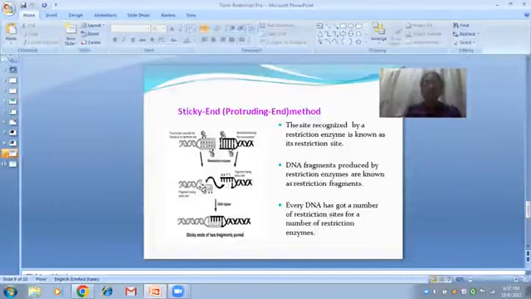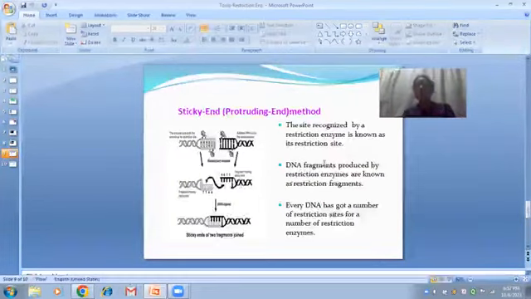Means in the first fragment, the second strand is elongated, a sticky end, and in the second piece, the upper part is like this. So after reunion, using DNA ligase, we can stick these two by an interlocking method. So it is more suitable in recombinant DNA technology, because there is no loss of any nitrogen base. So these are the two types of cleavage: blunt method and sticky method.